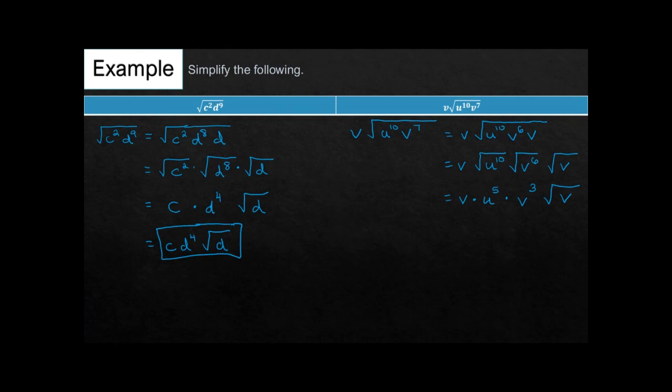Now I want to recombine and put these together. Now I have 2 v's here, and we usually write these in alphabetical order. So I'm actually going to put the u to the 5th first, and then I have a v times a v cubed, which when you multiply those, you get v to the 4th, and then I have my square root of v.